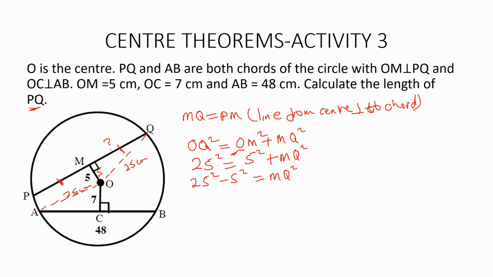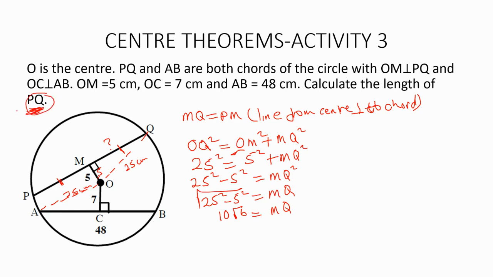Try to use your calculator. Square root both sides: the square root of 25 squared minus 5 squared is equal to MQ. So this is 10 root 6. 10 root 6 is equal to MQ.